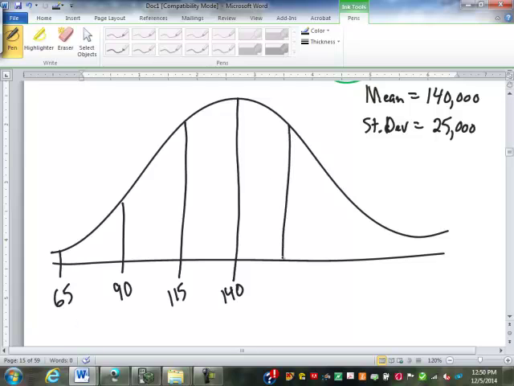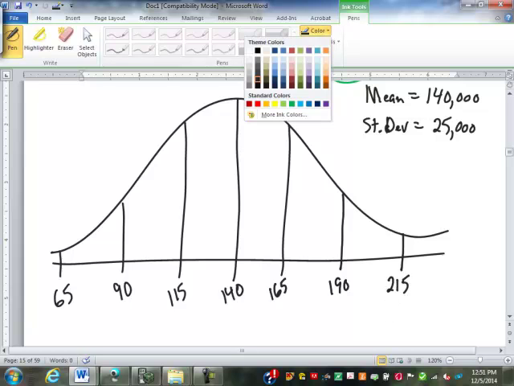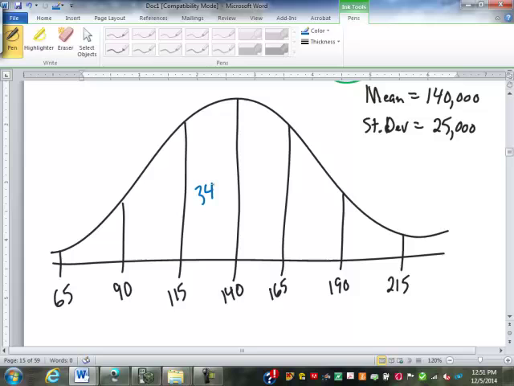Going this way, we're going to add 25. So this will be 165,000. This will be 190, and this will be 215. The percents are still the same. Oops, 35%.